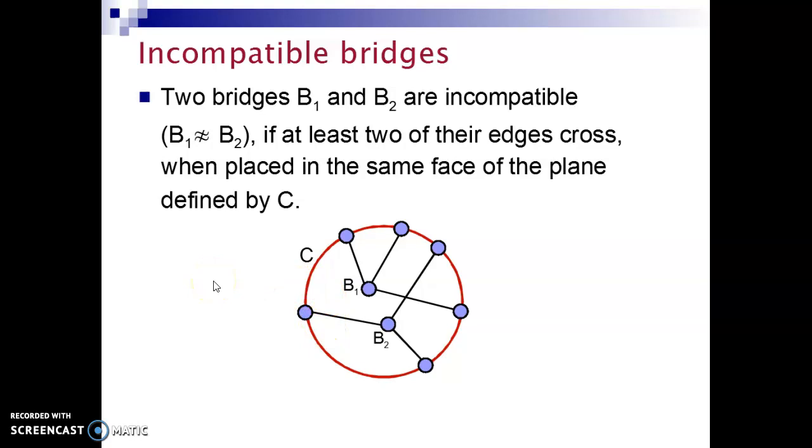Remember the definition of face in a planar graph. So in the interior face, when you try to draw B1 and B2, you see that here two edges cross. And you cannot draw these two bridges in the interior. So one of them has to go to the exterior face.